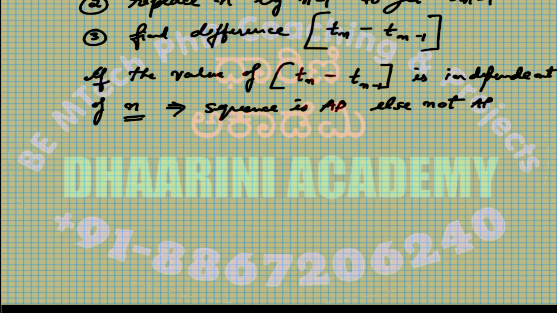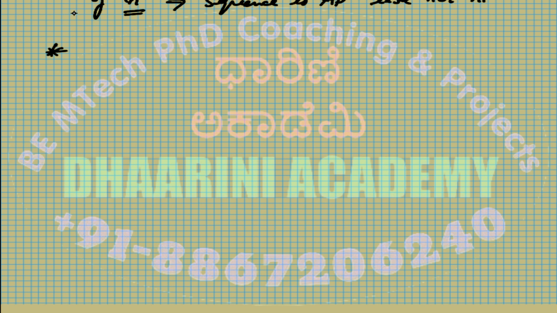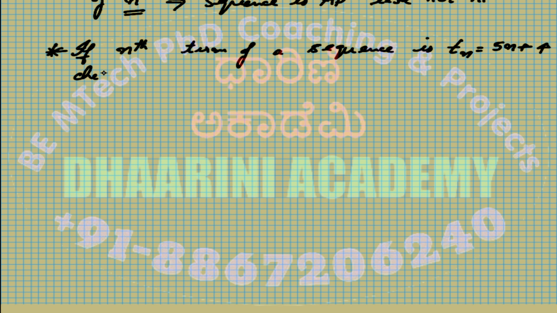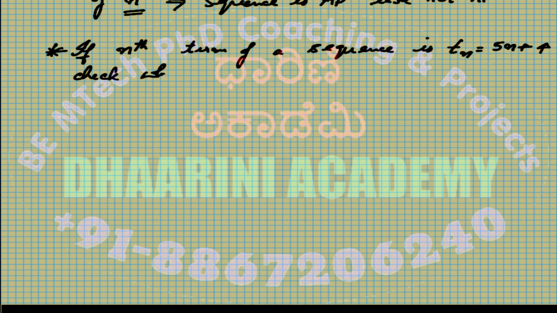Okay. Let's solve a quick problem based on this concept. So if the nth term of a sequence is Tn equals 5n plus 4, check whether the sequence is AP or not.